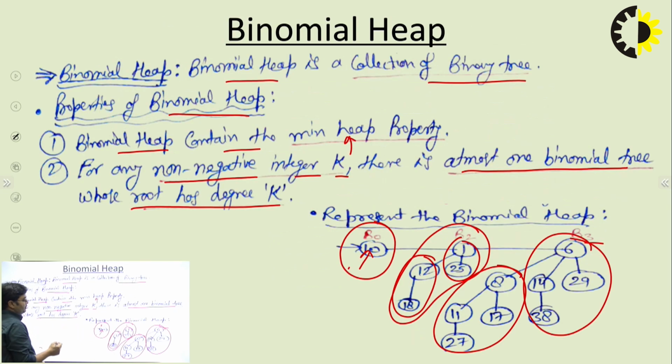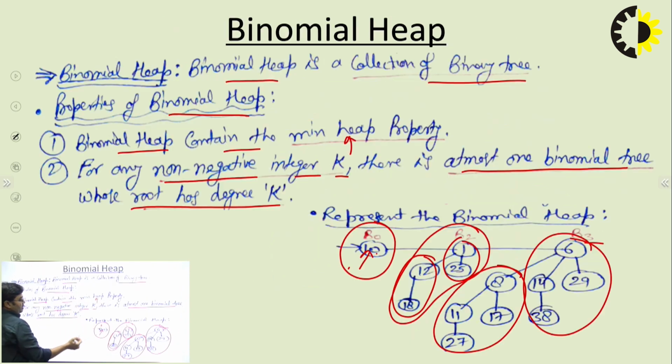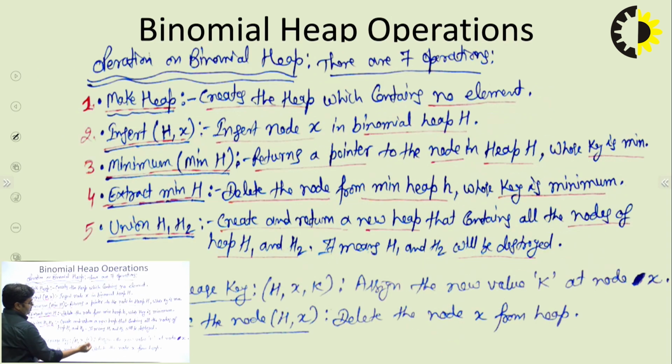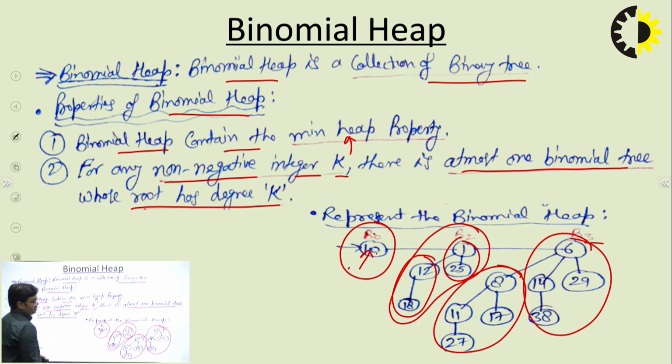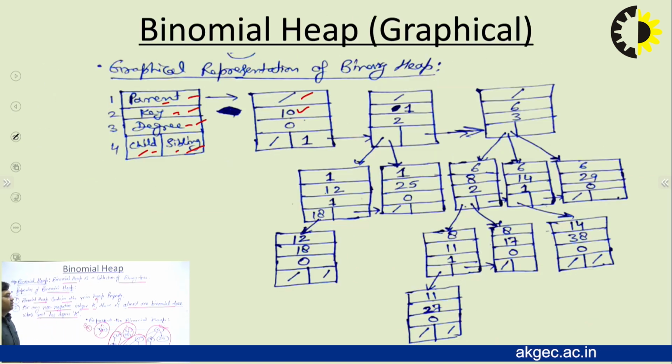If we start from this B0 node, which has the key value 10, the parent of 10 is none, and the degree is 0, since it is B0 and k is the degree.